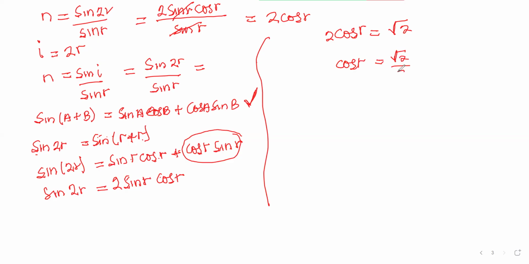When you divide 2 by 2, you have this, okay? R therefore is equal to 45 degrees. And since at the minimum deviation, A is equal to 2R, once you have R, you can find the refraction angle of the prism, which is 2 times 45.